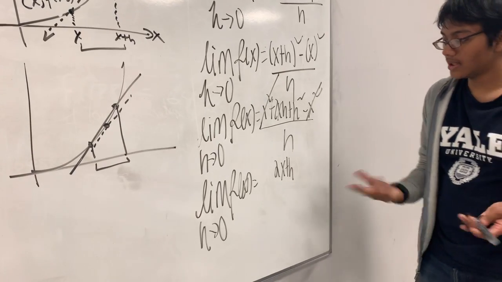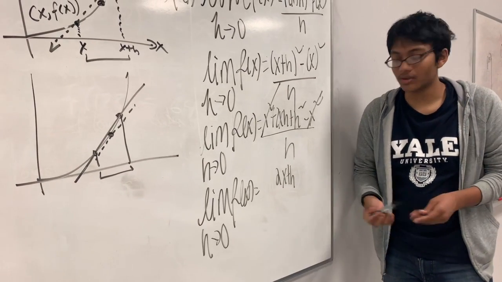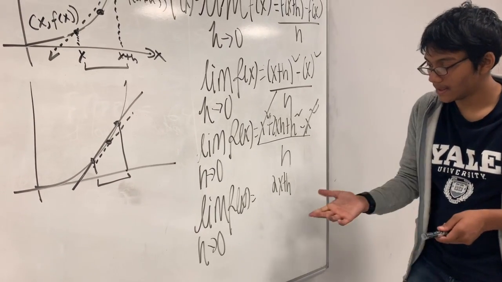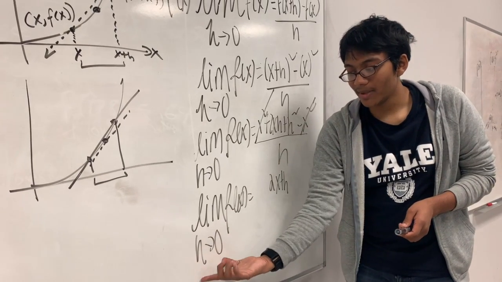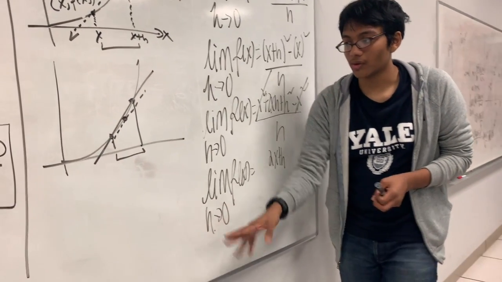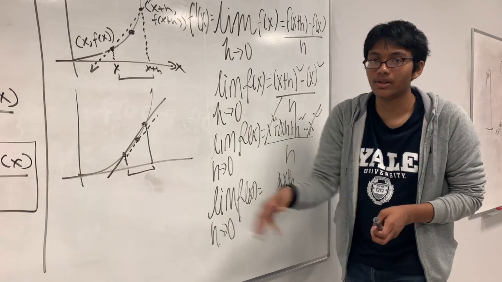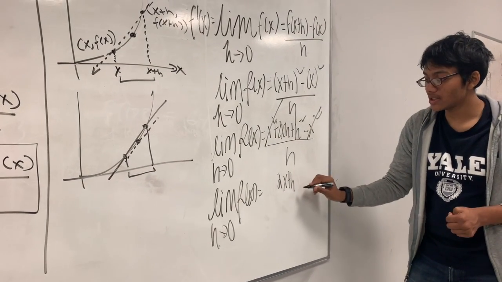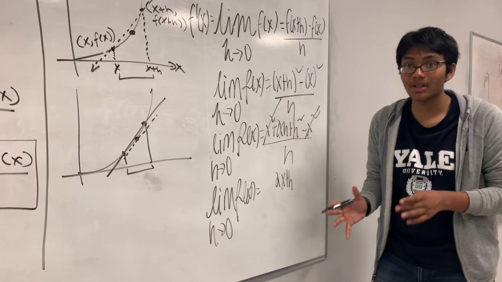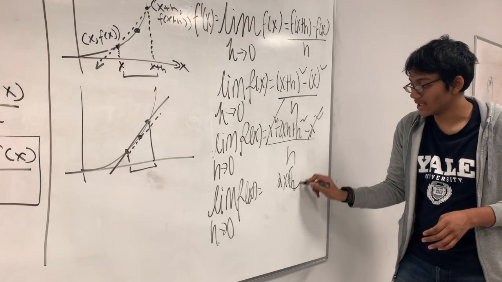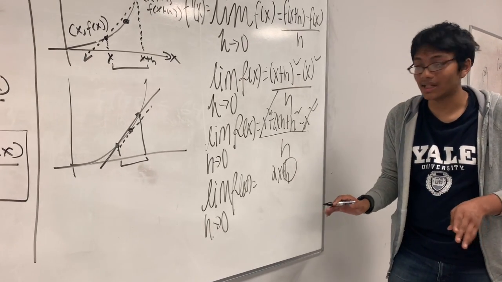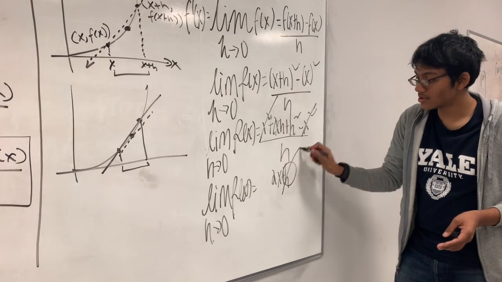Now, you're probably thinking, okay, I simplified as much as I can. What do I have left? Well, let's take a look at what we're doing. We're making h approach 0. We're making this distance between point A and point B approach 0. Now, as h approaches 0, even though it'll never actually be 0, this quantity becomes infinitesimally small. It becomes insignificant. We can just disregard it.